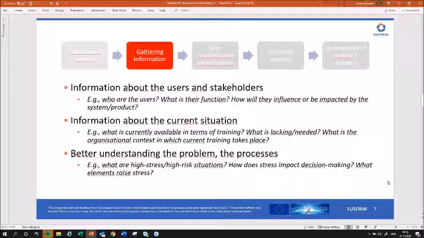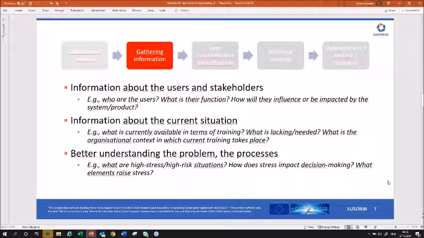For example, we need information on the users who will use the system that we need to develop. What is their function? How will they influence the way our system has to work, and how will our system impact them? So we really have to do some stakeholder mapping to see which actors or stakeholders we have to involve in the collection of user requirements.